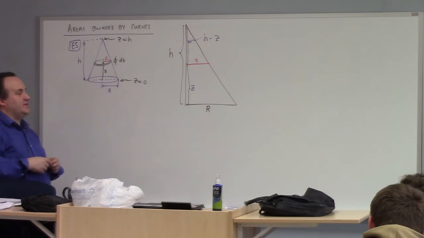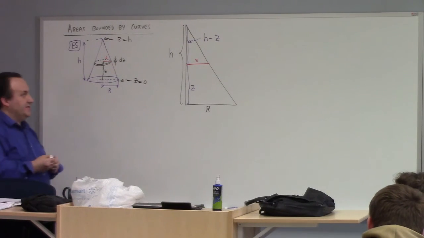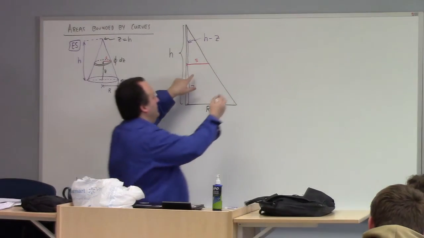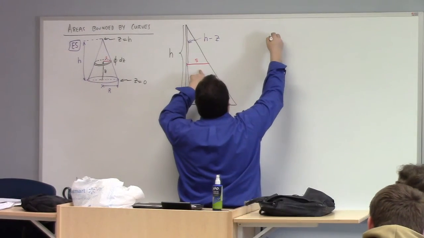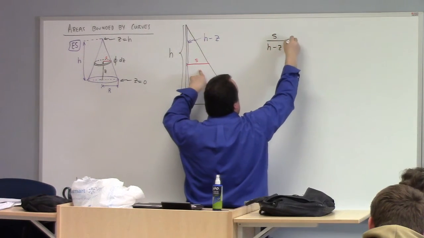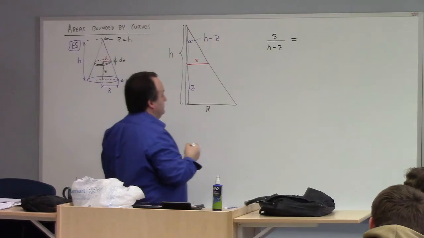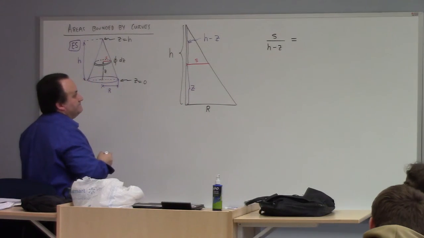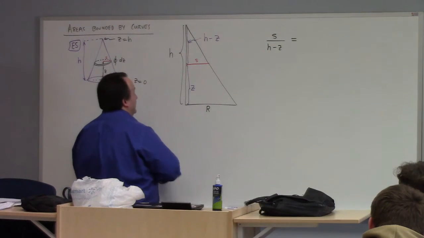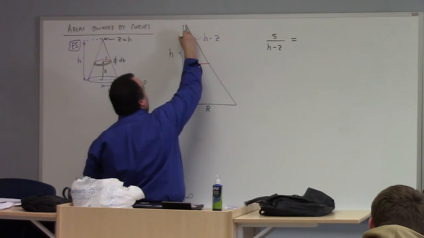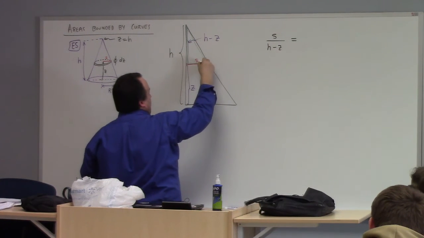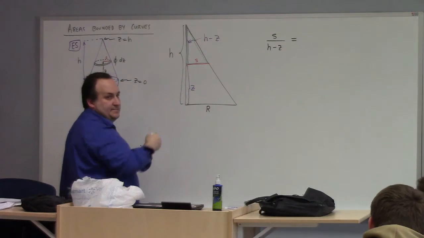All right, so we can use similar triangles, right? Similar triangles says the ratio of similar sides is equal. So S over H minus Z is equal to what? S is to the green triangle, this guy, which is similar to the giant black triangle, right?